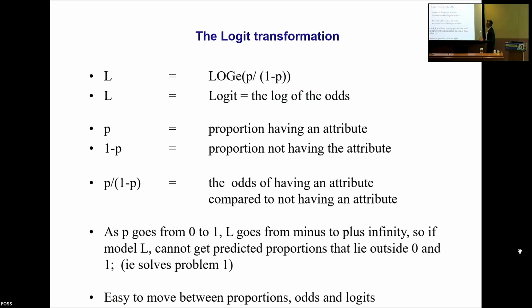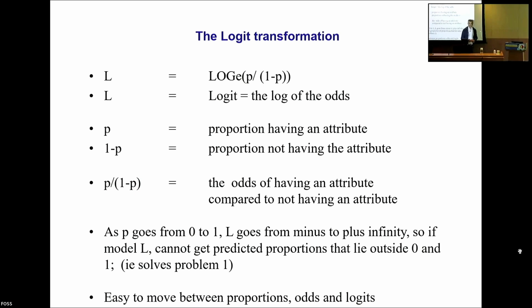Now, what is a logit? A logit is the natural log of p, the probability, divided by 1 minus p. People understand probability; probability and proportions are the same. So p denotes the probability of having a 1, and 1 minus p is the probability of not having a 1.